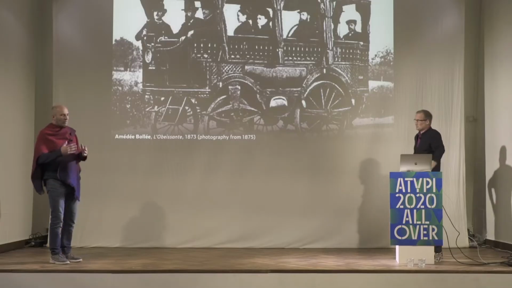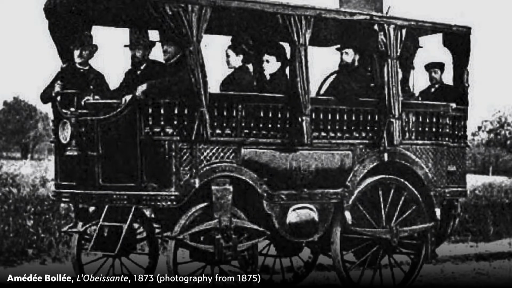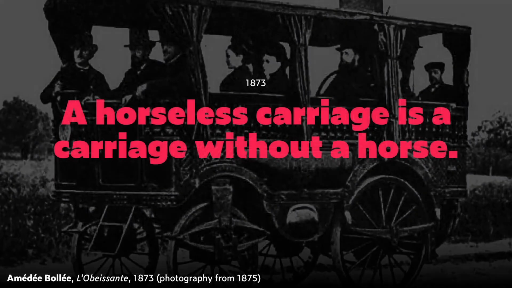The problem whenever you create something new is a phenomenon called the horseless carriage phenomenon. This means that whenever something new is created, you can only understand it from the old, from which it distinguished itself. Here you see a typical horseless carriage, which was the follow-up of the carriage with a horse, but with a steam engine.